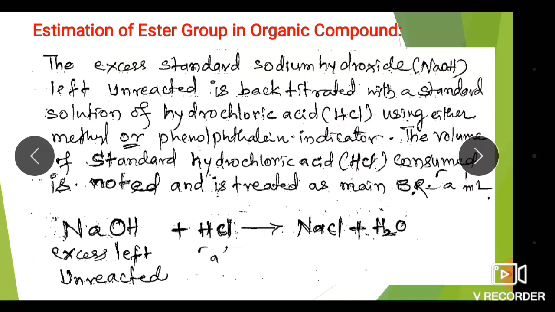Whatever amount of hydrochloric acid is consumed during this reaction is noted as the burette reading for the sample, A ml. What is the reaction? The excess NaOH left unreacted treated with HCl gives NaCl salt plus water, which is nothing but a neutralization reaction, and the burette reading we get is A ml.